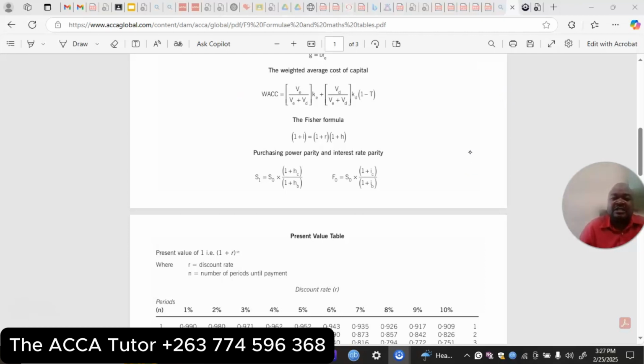But as you can see, we have all the formulas we have been talking about. The Fisher formula is there, and the purchasing power parity and interest rate parity are also given there.